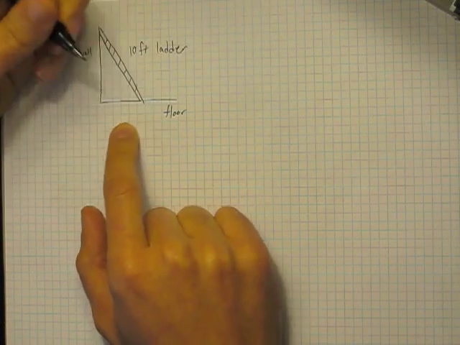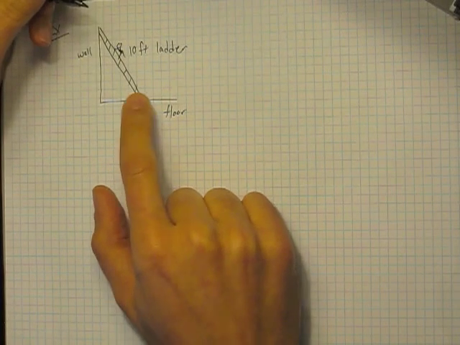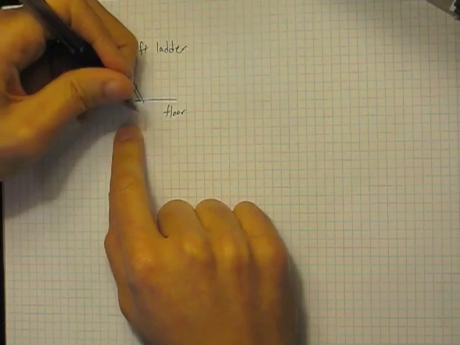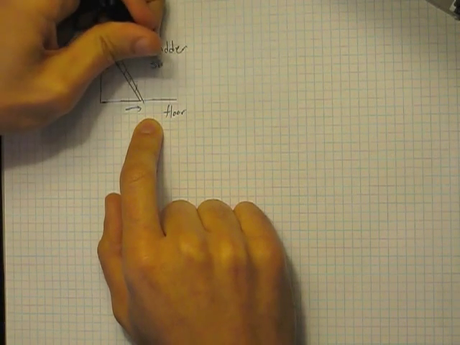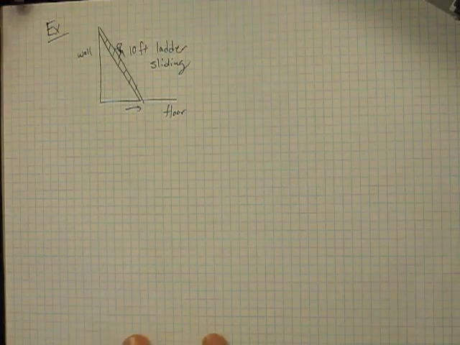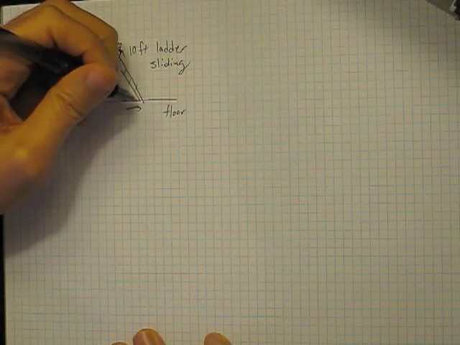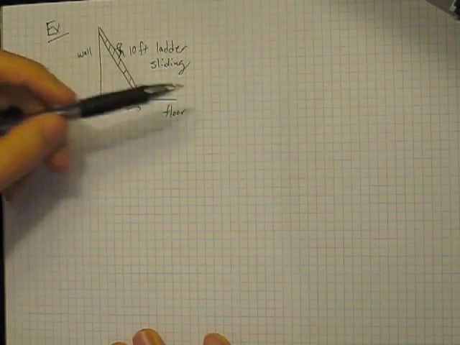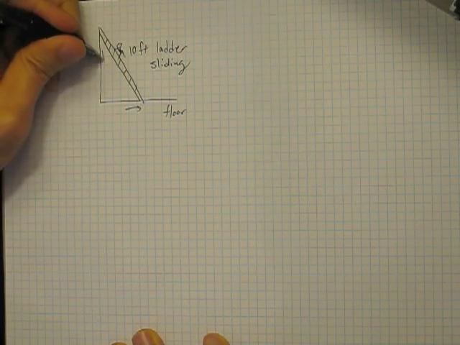Suppose I'm on this ladder and I'm doing something and no one's holding the ladder, and unfortunately for me, the ladder starts to slide. So a 10-foot ladder is now sliding, so I'm in great danger here. I'm somewhere on this ladder, it's sliding, so the bottom of the ladder is moving away from the wall, and the top of the ladder is sticking to the wall but moving towards the floor.